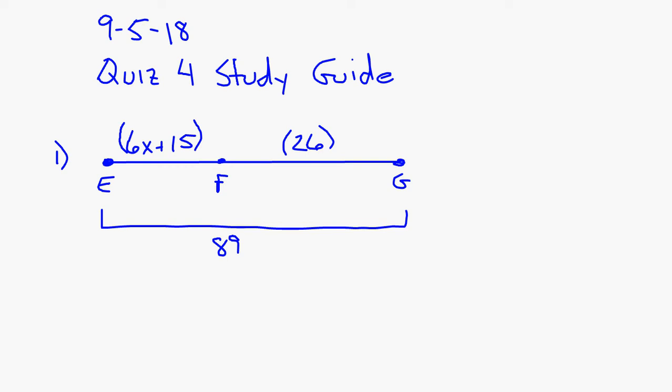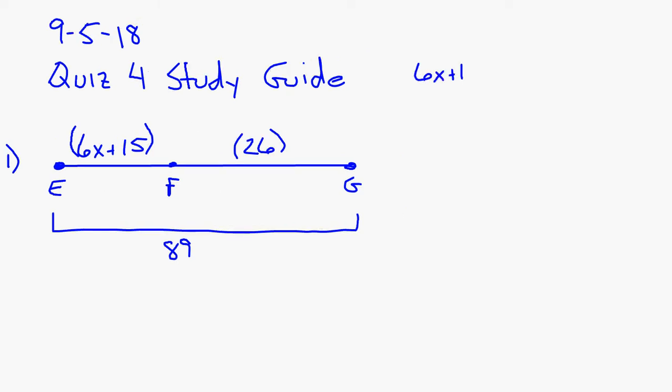Here's how you set up this problem. You take 6x plus 15, you add 26 to it, and what does that have to equal? 89. Now you can combine like terms. So 6x plus 15 plus 26.